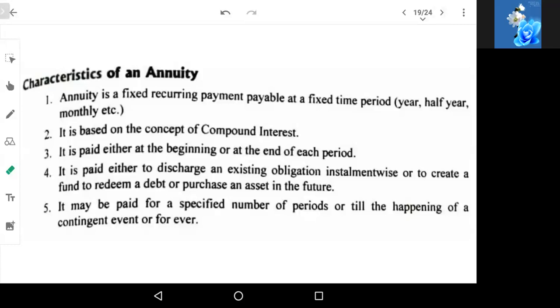Good. Now moving on further, characteristics of an annuity. Annuity is a fixed recurring payment. Recurring means it keeps repeating. So annuity is a fixed repeating payment which is payable at a fixed time period.